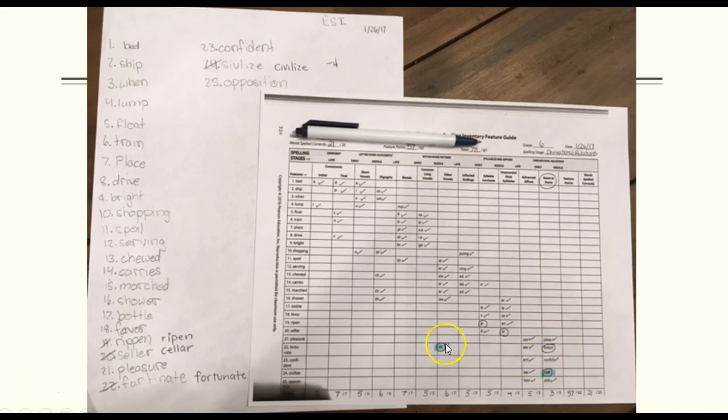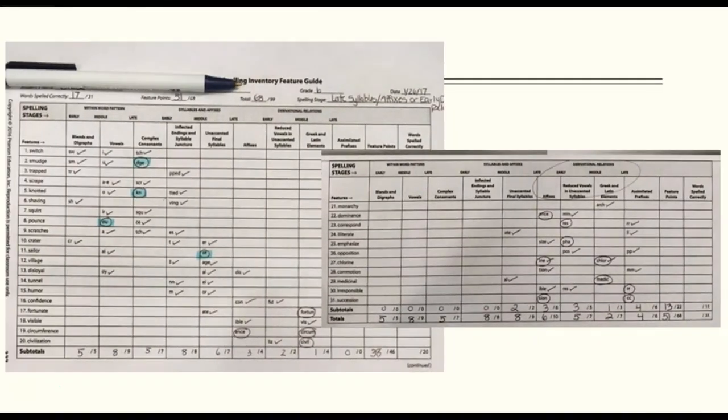This only gave me 3 things to instruct on. So I went ahead and then gave her the upper level spelling inventory, which definitely helped me perceive a lot more need. And actually this placed her in the late syllables and affixes stage and gave me some affixes she needed to work on here and here. So this was more informative for my instructional purposes.